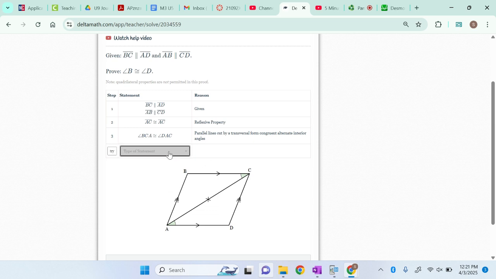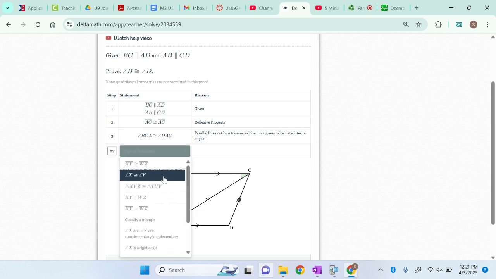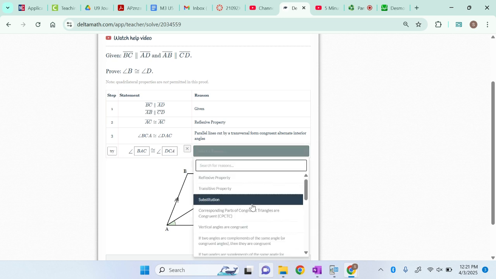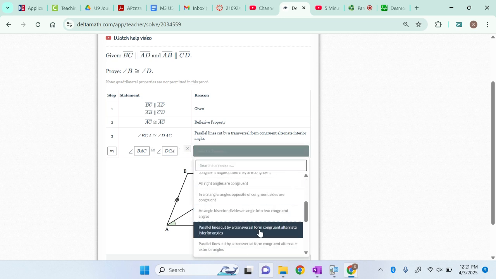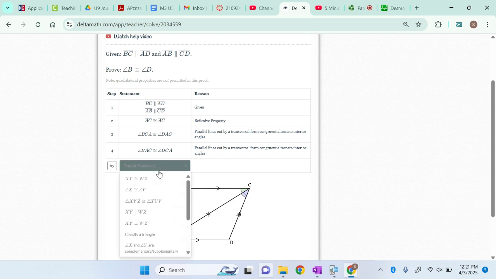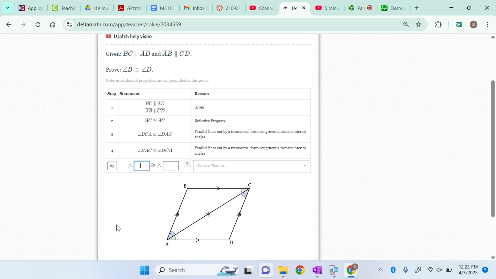The third one says parallel lines cut by a transversal, and again, that's because alternate interior angles are congruent. So now we can say that the two triangles are congruent. Why? So triangle ABC is congruent to triangle CDA.